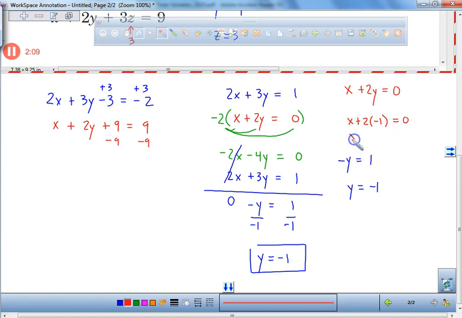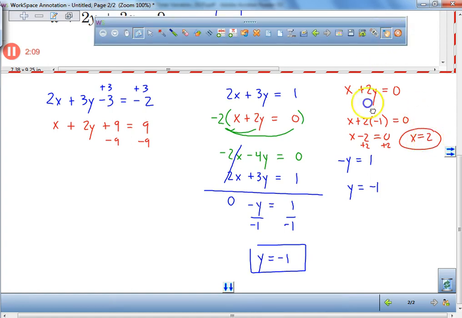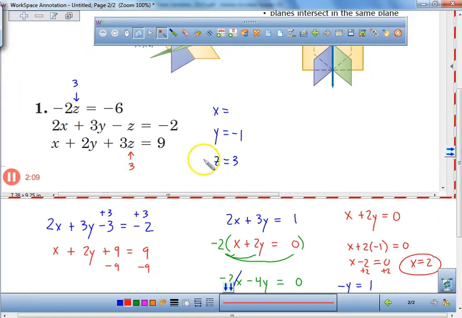We get x minus 2 equals 0. Well, what number minus 2 equals 0? Add 2 to both sides. x equals 2. 2 minus 2 is 0. So our final answer is x equals 2.